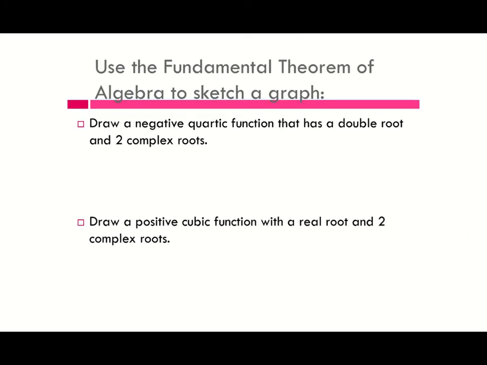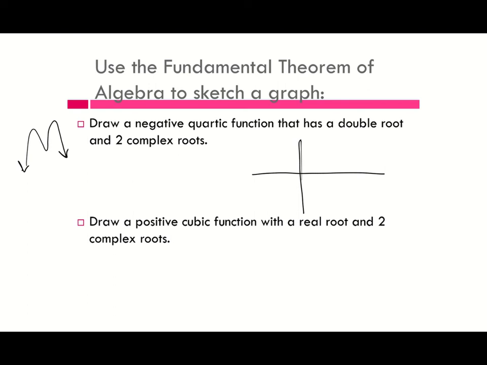Then the last type of examples we're going to look at is using the fundamental theorem of algebra, sketch a graph. So this first one here says draw a negative quartic function that has a double root and 2 complex roots. So if I know that I'm drawing a negative quartic, I know it's going to be of this shape. So if I sketch a graph, I know 1 has to be a double root.